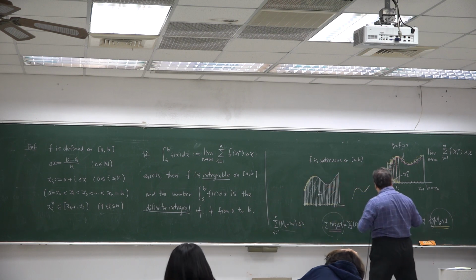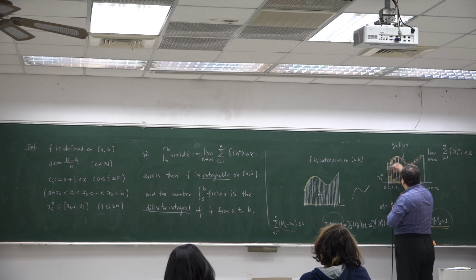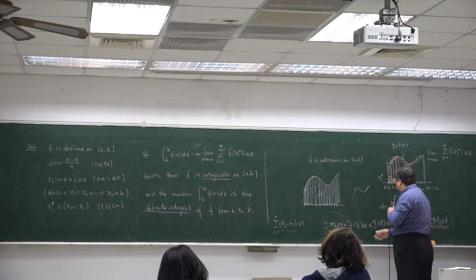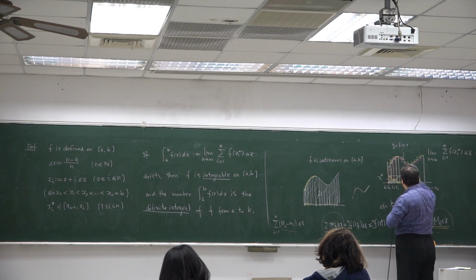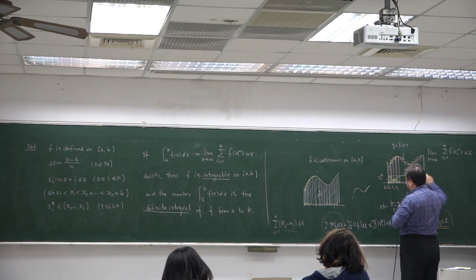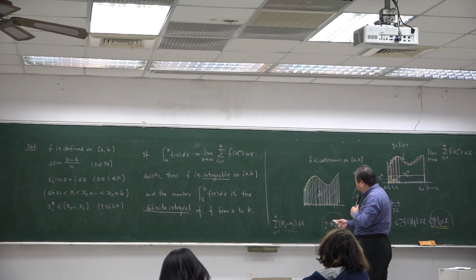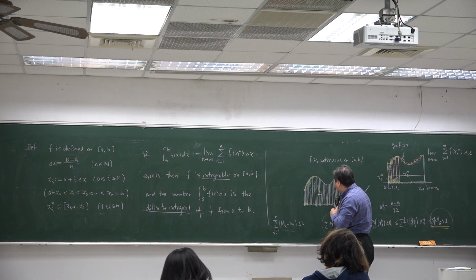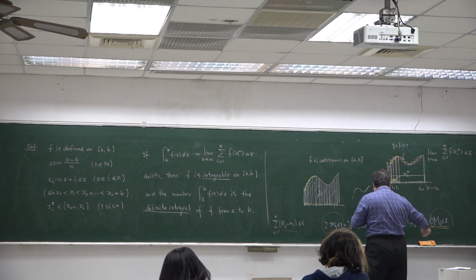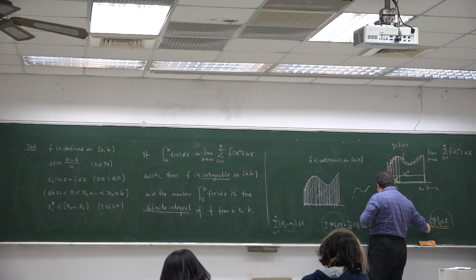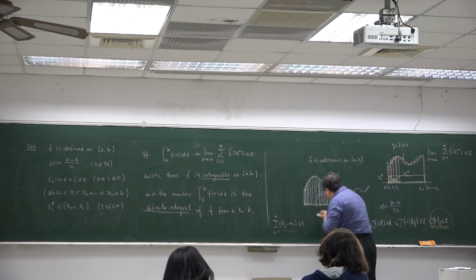So when n equals 12, we know the difference of these two numbers cannot be greater than this one. But this is still high. If n is very large, then the difference of these two numbers will be less than this.